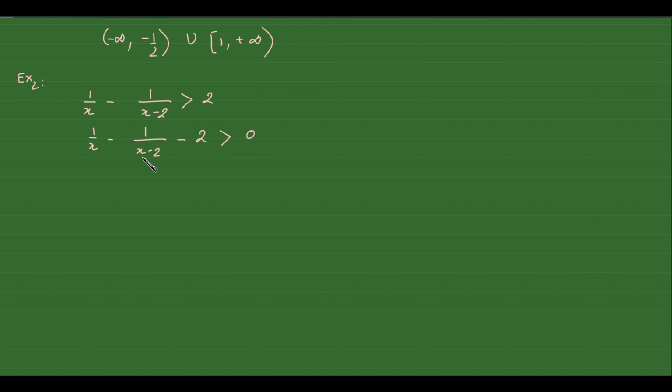Now I'm going to find the LCD for every fraction here. Or you can find the LCD for the first 2 fractions, then find the LCD for the last one. It's up to you. But I think I'm going to go ahead and find the LCD for everything. The LCD for this will be x and x minus 2. So over here you are missing x minus 2, so I'm going to multiply the top and the bottom by x minus 2.